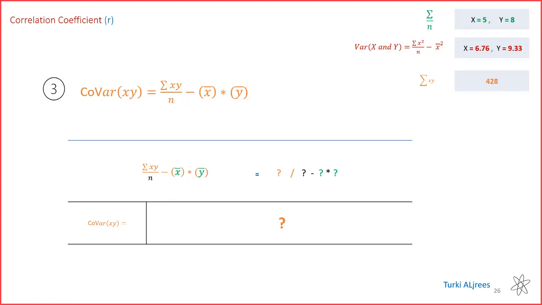To calculate the covariance of x and y, you might guess by now, it's done similarly to the variance of x and the variance of y. The difference here is that the variance of x used the mean of x squared by itself. This time, we are using both x and y, and we are using the mean of x multiplied not by itself, but by the mean of y.